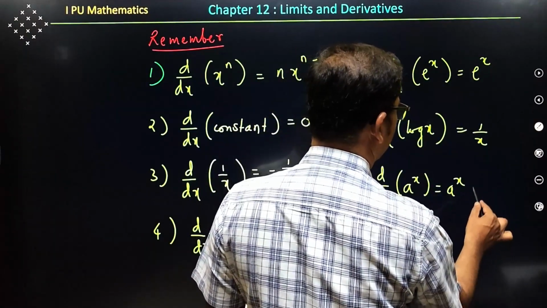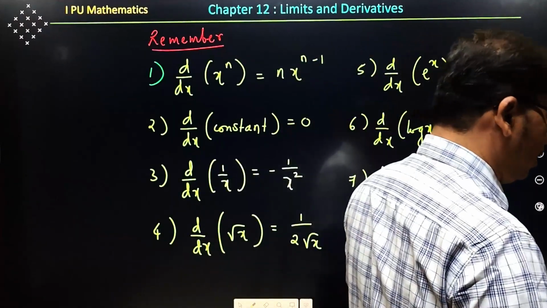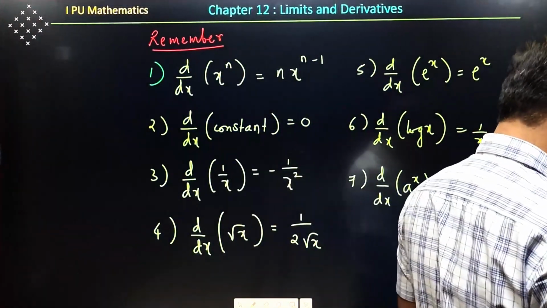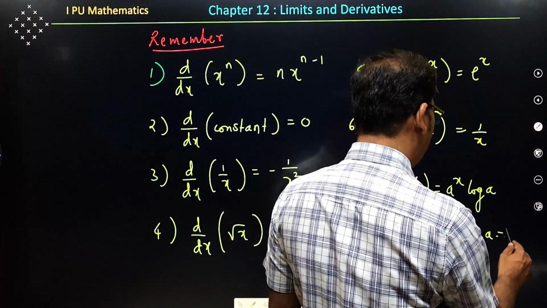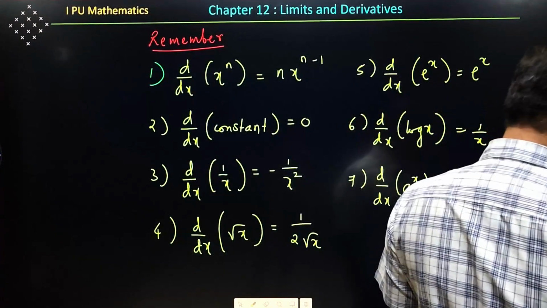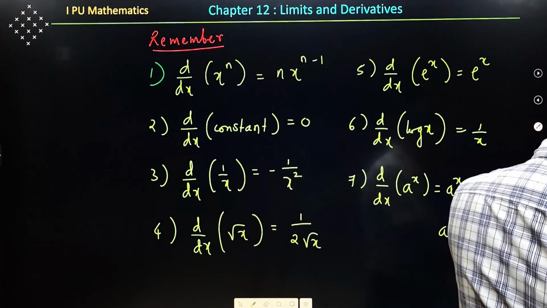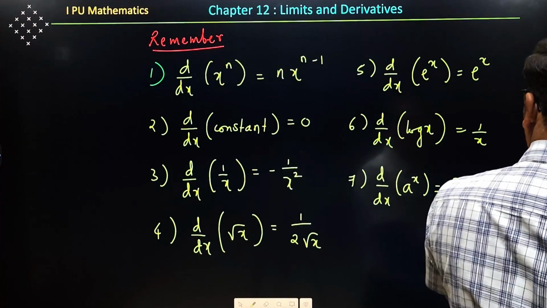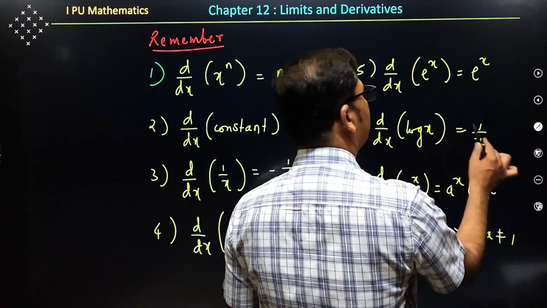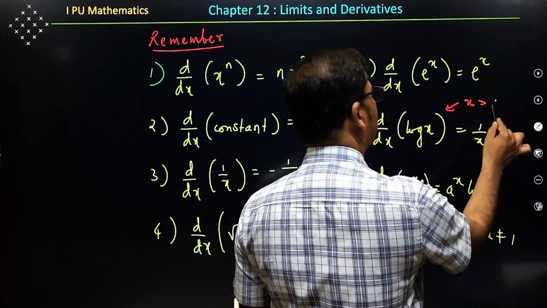Here a is greater than 0 and a is not equal to 1, that is the condition in the case of a raised to x. In the case of log x, the definition requires x to be greater than 0.